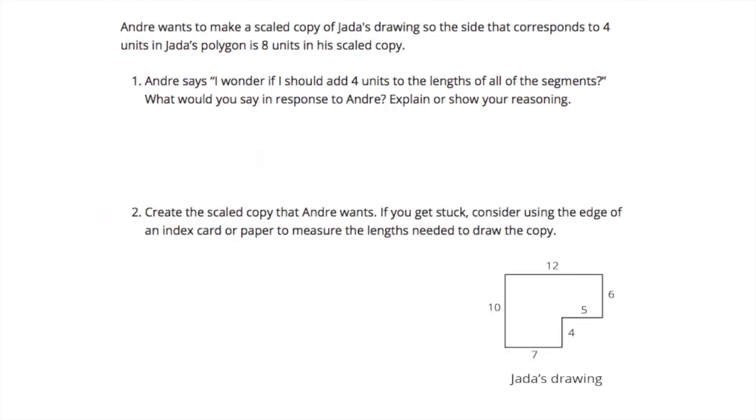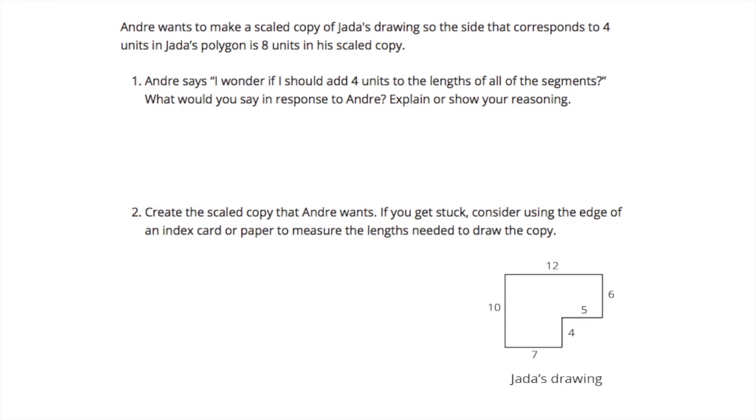Finally, let's look at Andre, who wants to take Jada's scaled copy and make his own scaled copy from it. He wants to take the side length of 4 in Jada's copy and turn it into a side length of 8 units in his scaled copy, so he's going to be getting larger. And he wants to know, if I just add 4 units to the length of all the segments, is that going to get me a scaled copy?